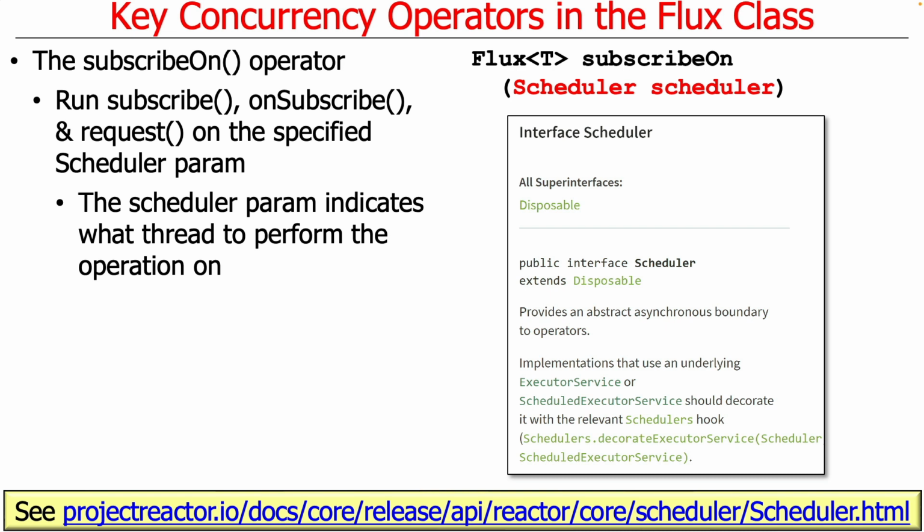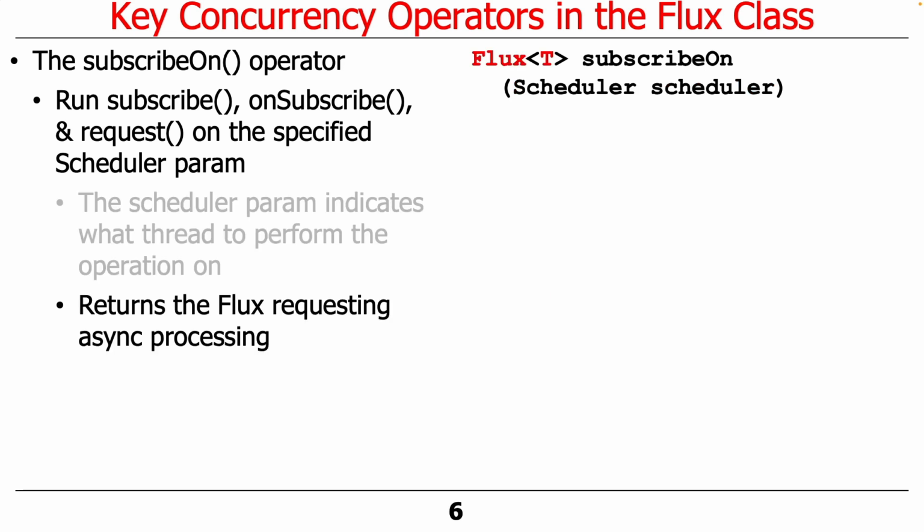By factoring out the scheduler to be in the subscribeOn methods, rather than baking it into the Flux itself, it allows us to have one collection of schedulers, one scheduler coterie, and be able to reuse them for the different reactive types that are in Project Reactor. So that's why we factor that out into its separate thing.